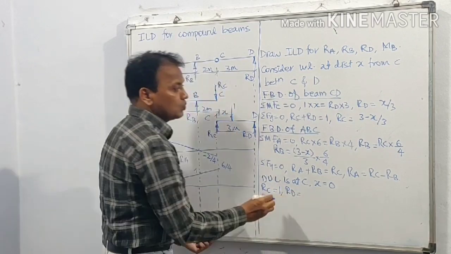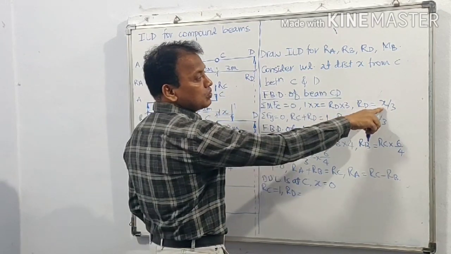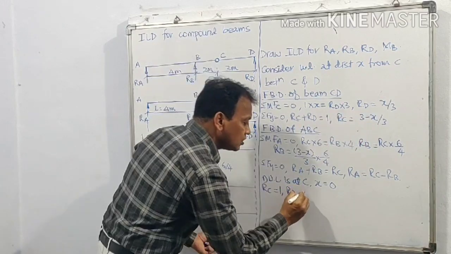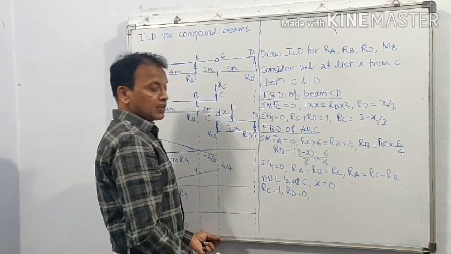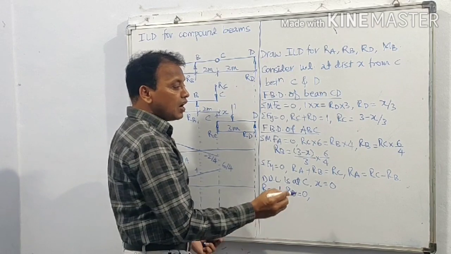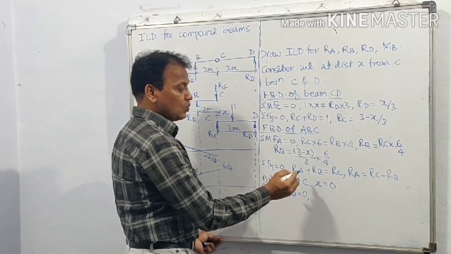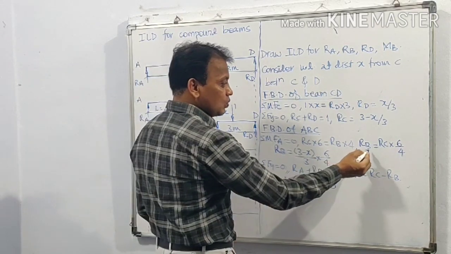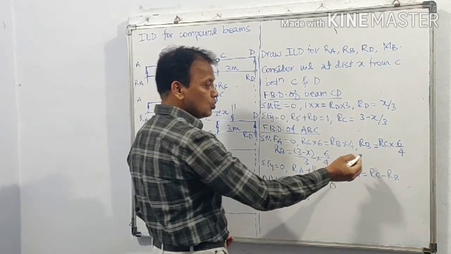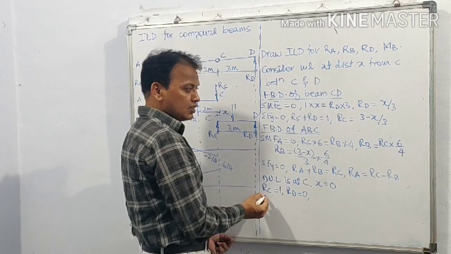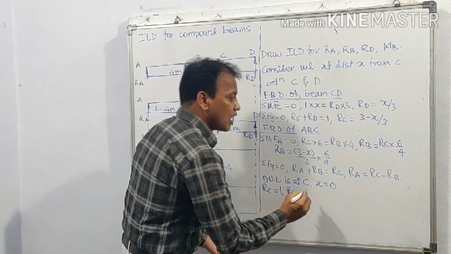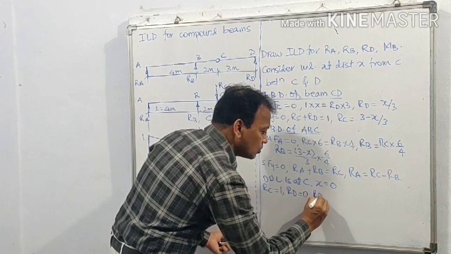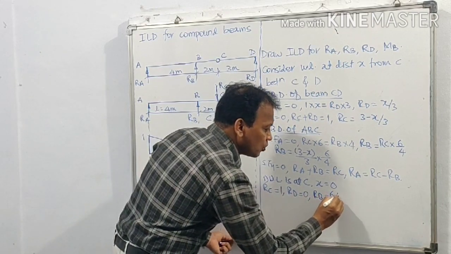RD is equal to x upon 3, with x equal to 0, so 0. And RB is equal to RC into 6 upon 4, RC is equal to 1, therefore RB is equal to 6 upon 4.